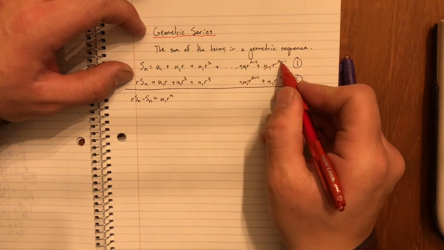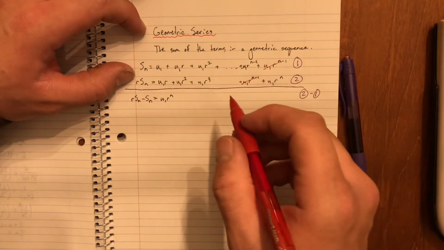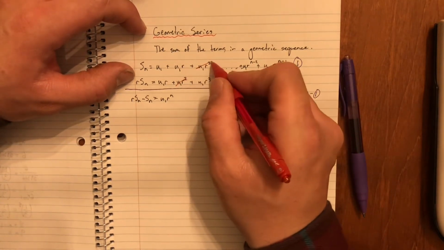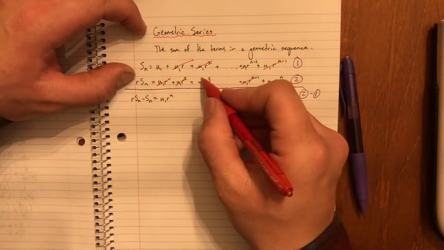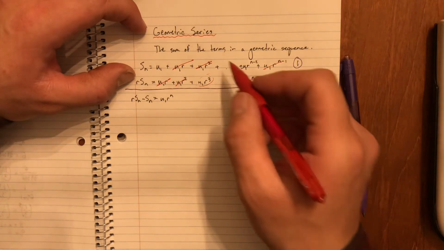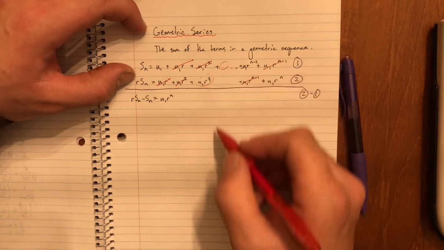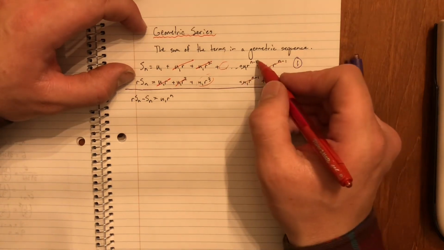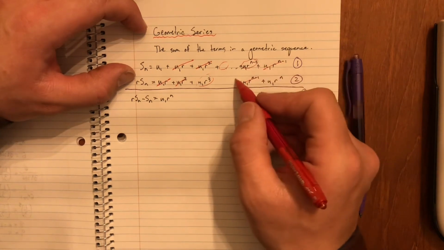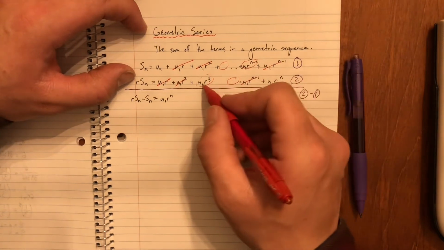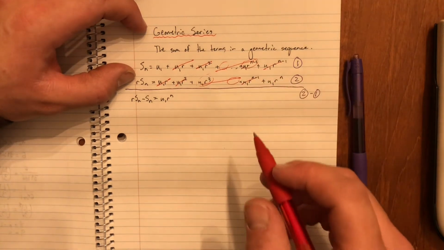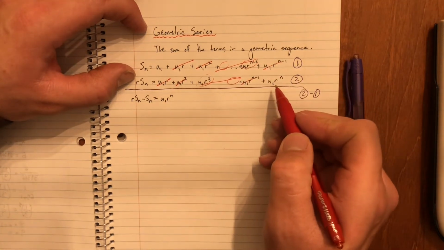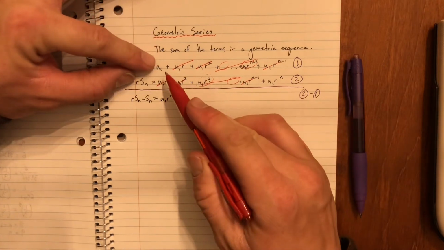So that'll cancel. And then, hey, wait, over here, those cancel. And those cancel. And now I think we can imagine that that term is represented somewhere in here. And I think that we can imagine that this term is represented somewhere down here. And so all of these terms cancel. So really all that I'm left with is u1r to the n minus u1.